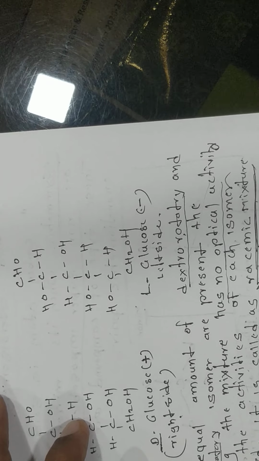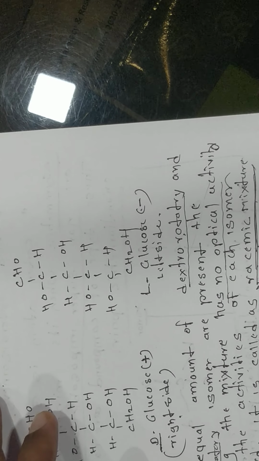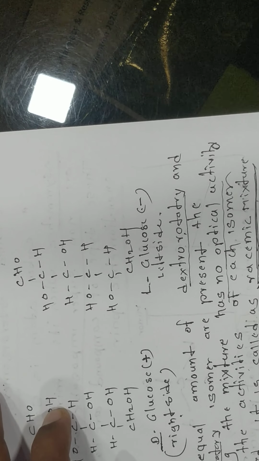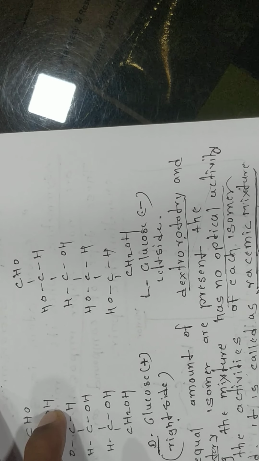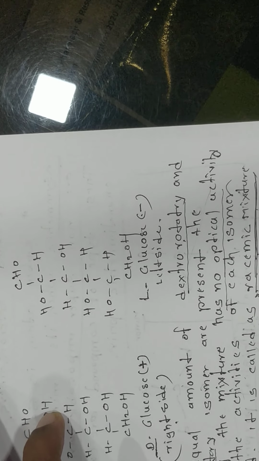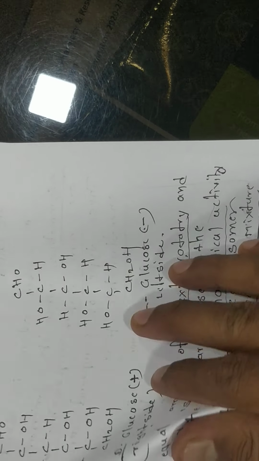Plus minus equal to 0 is the rule of mathematics. Similarly, left and right come equal, that should be 0. It has no optical activity, and such a compound is called a racemic mixture, because it cancels the activity. This is most important. Okay, so many times asked in the examination.